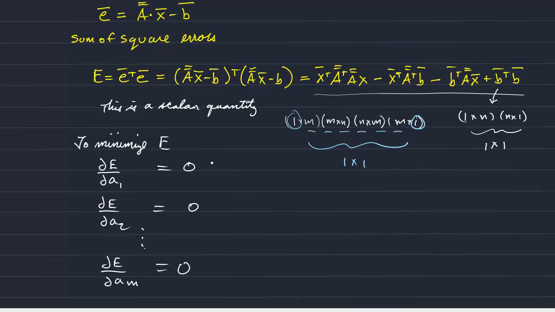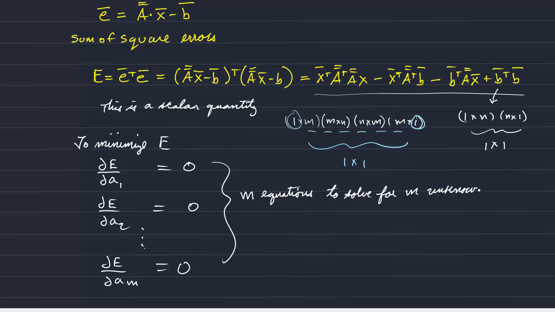So we're going to have M equations, and we're going to solve for M unknown coefficients. Okay, so this is how we're going to solve our problem.